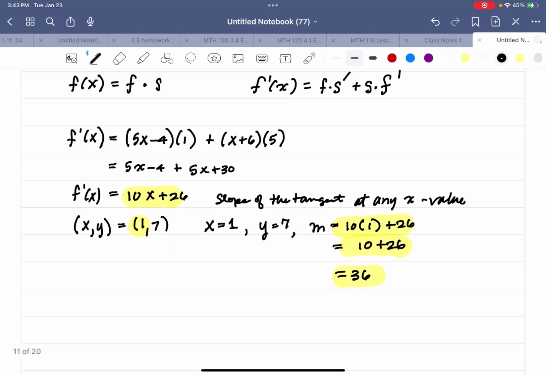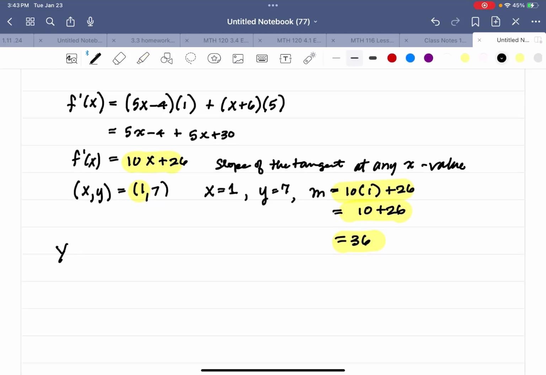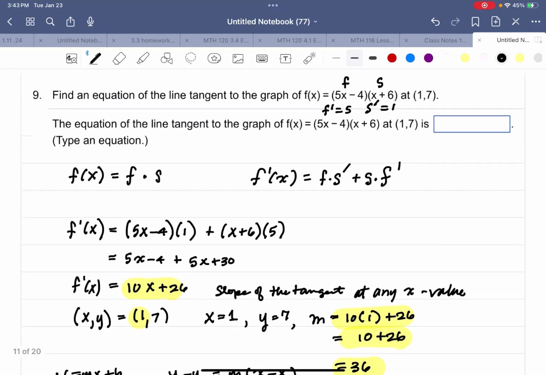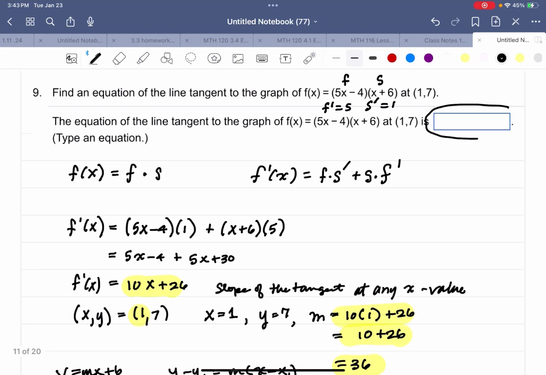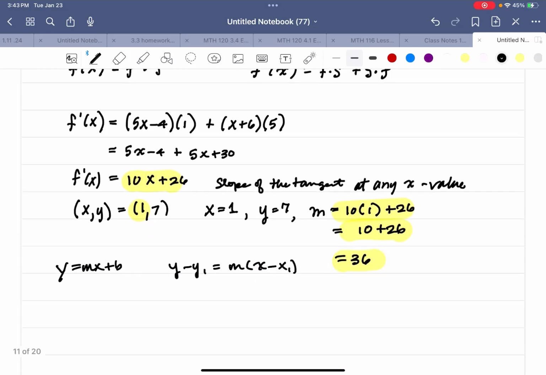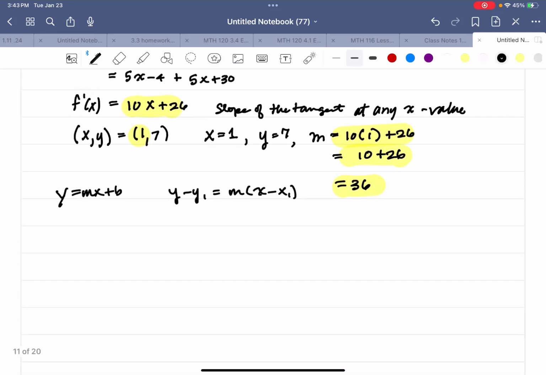So now we can use either y equals mx plus b, or y minus y1 equals m times x minus x1. When I look at the format of what they want, they don't specify here. It doesn't say y equals or slope-intercept form, so either one of these will be acceptable.